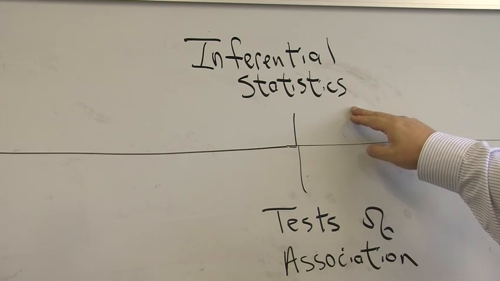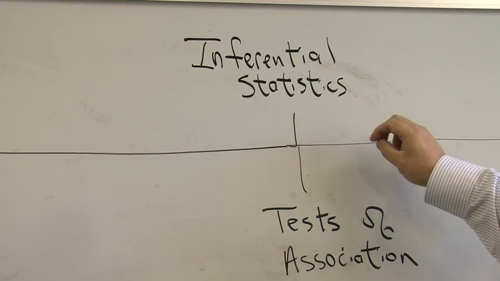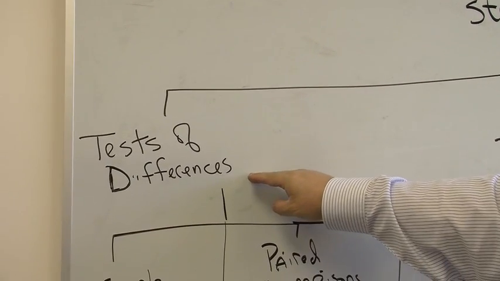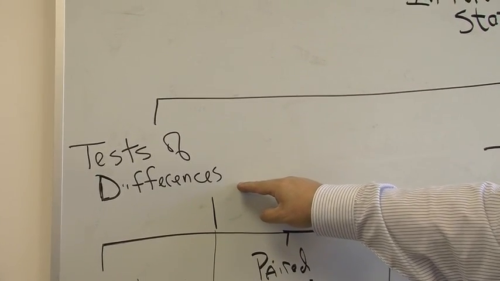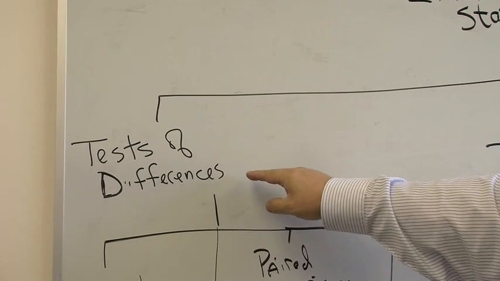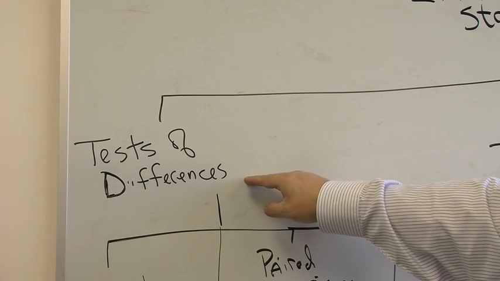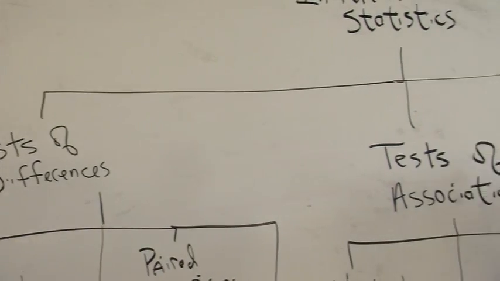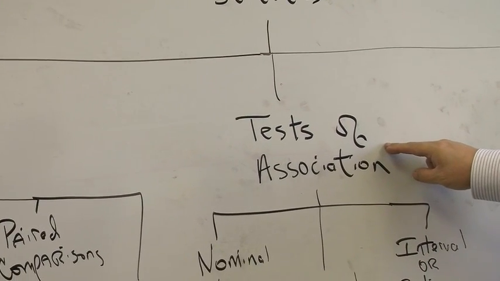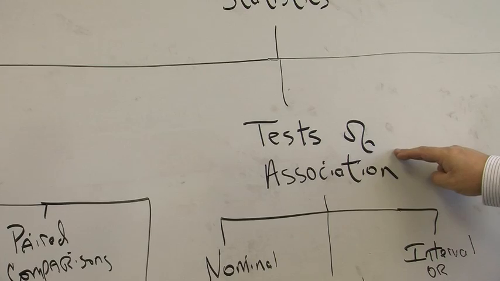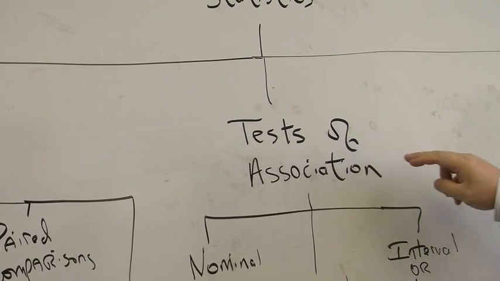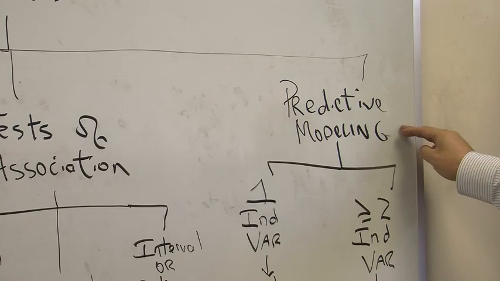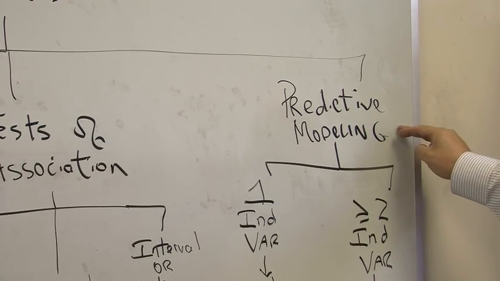So of the three different types, one set of inferential statistics is tests of differences. Another type is called tests of association. And then the third type that we do in MS-264 is called predictive modeling.